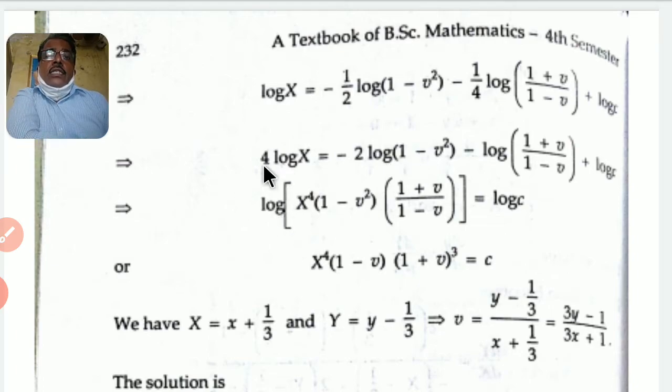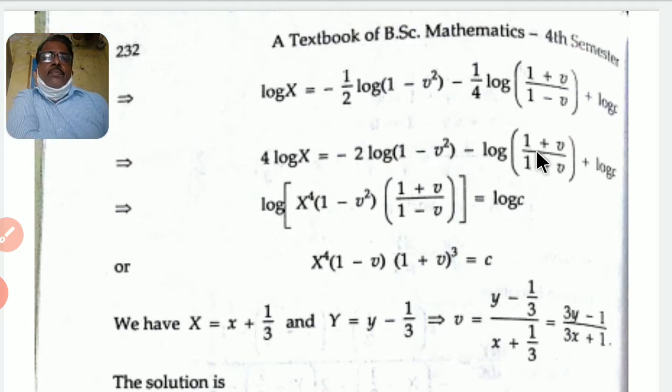now in this case this is of the form m log n. Okay, m log n, so it can be written as log m raised to n, so it is log x to the power 4. Now again in this case bring this term here, that it becomes plus 2 log 1 minus v square.